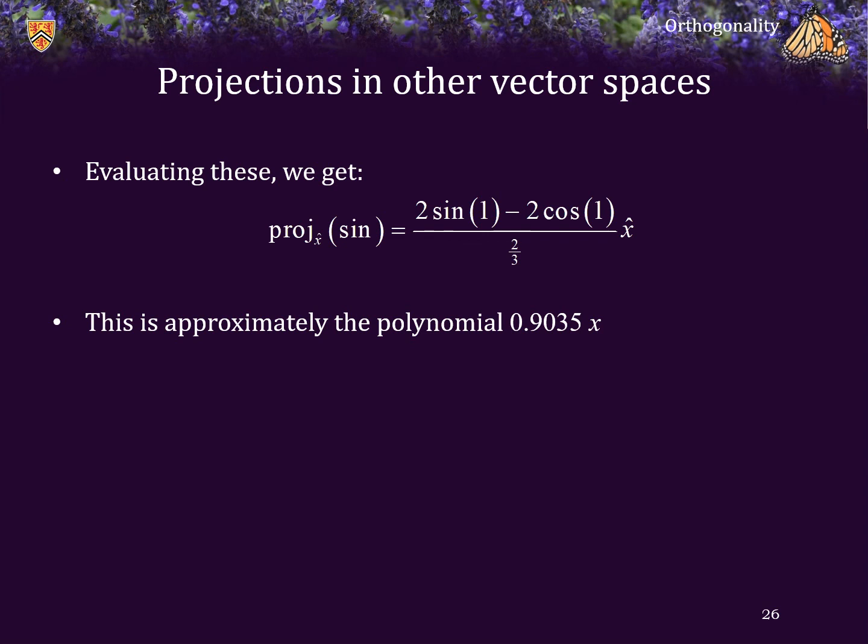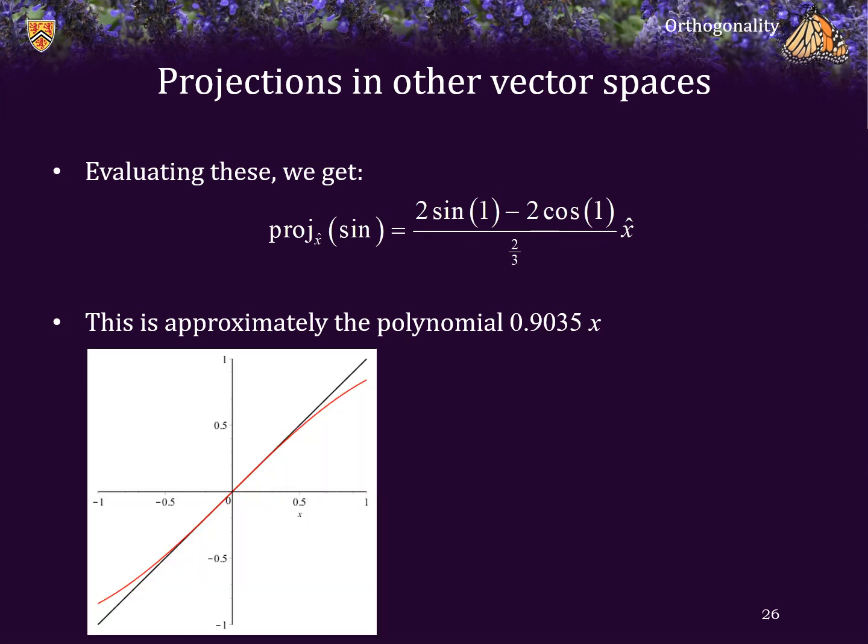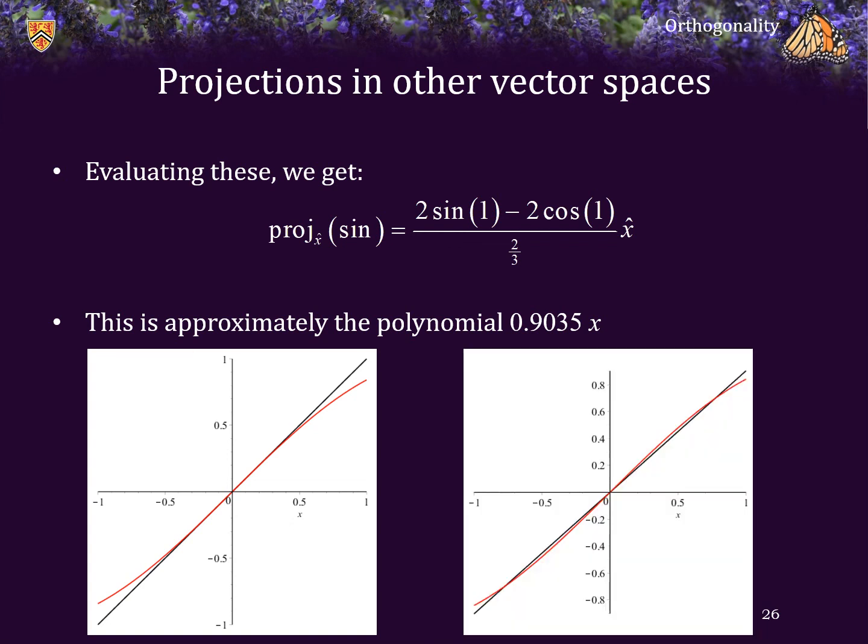Okay, so in the left-hand image, we have the function y equals x. In the right-hand image, we have the function 0.9035 times x.